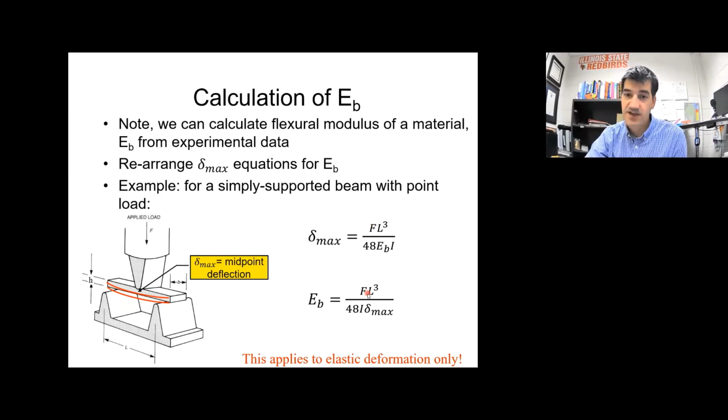And now you've got the maximum deflection in the denominator over here, and you've got an equation for the flexural modulus of that material, given all the experimental data and the geometry of the situation as well. So this is how you can calculate the flexural modulus of a beam with experimental data. Once again, remember, this only applies to elastic deformation, so we have to make sure that our stress in the beam is less than the flexural yield stress.